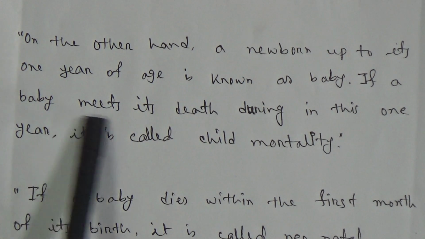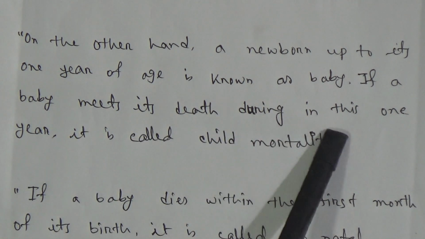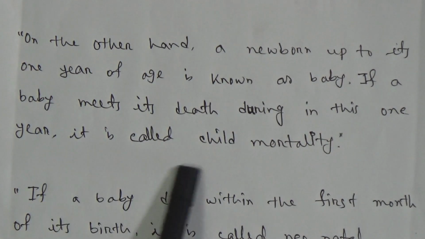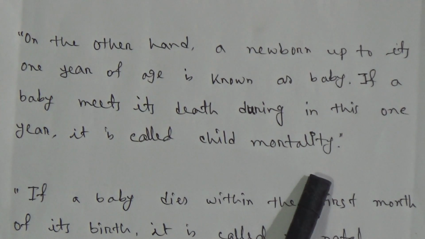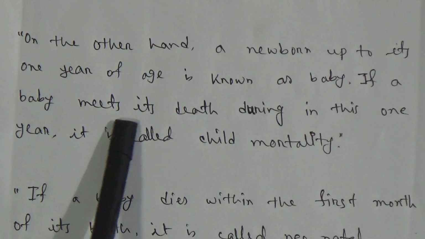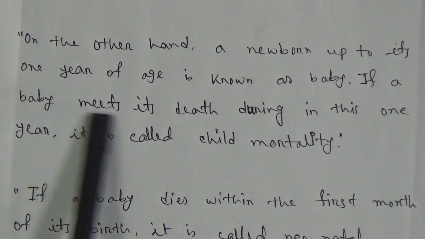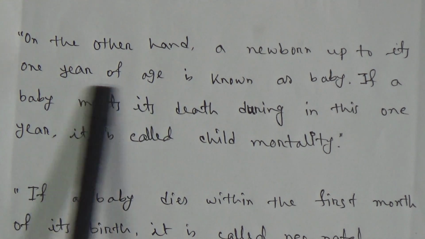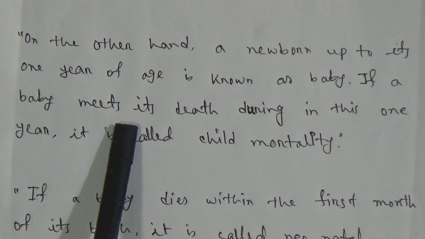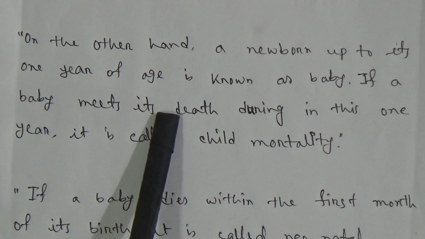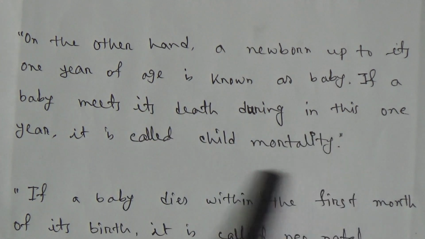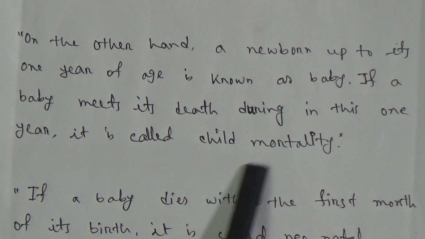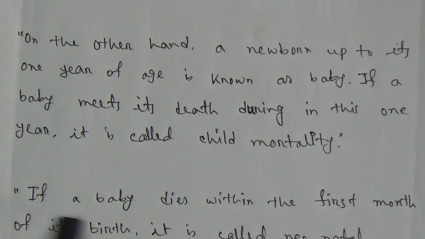If a baby meets its death in this 1 year, it is called child mortality. And if a baby dies within the first month of its birth, it is called neonatal mortality.